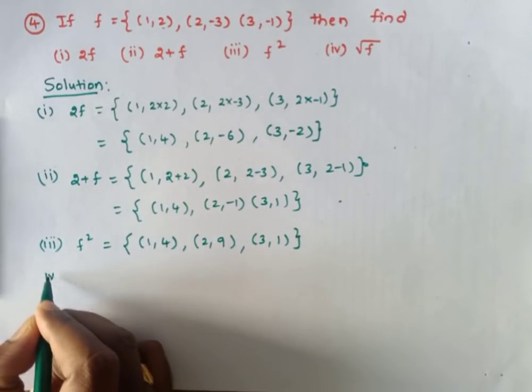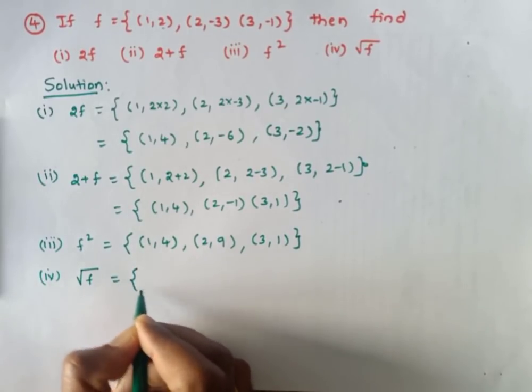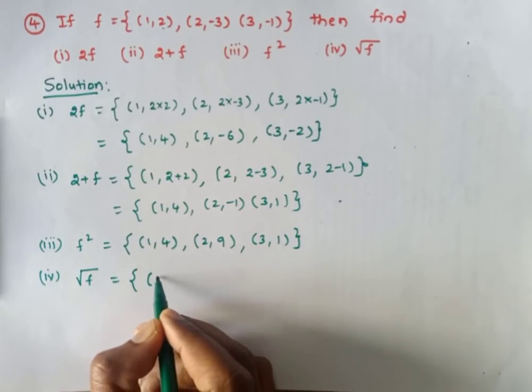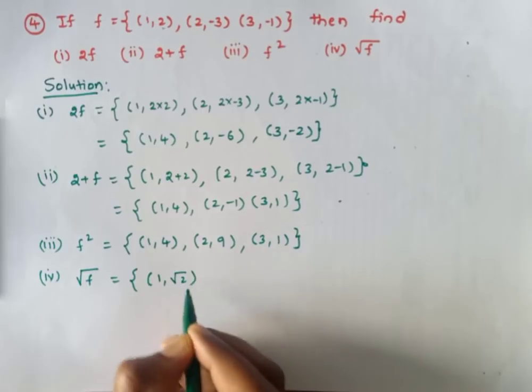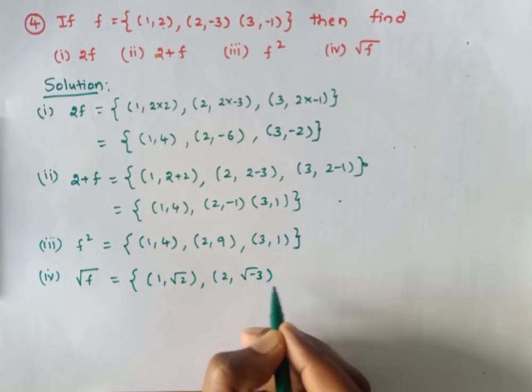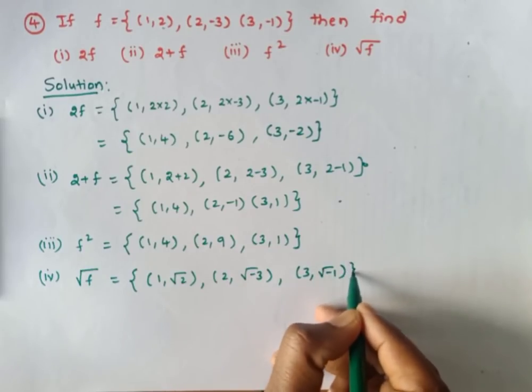And finally the fourth one, this is root of f. You need to apply the root to the output values 2, minus 3, minus 1, like 1 comma root 2, next 2 comma root of minus 3, and 3 comma root of minus 1.